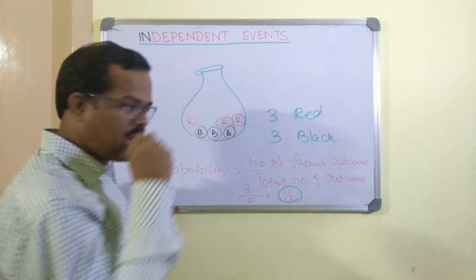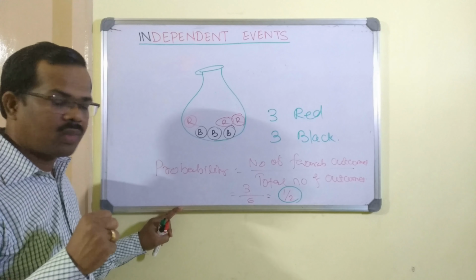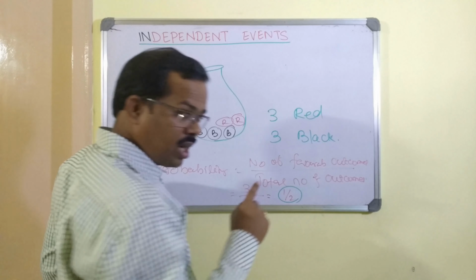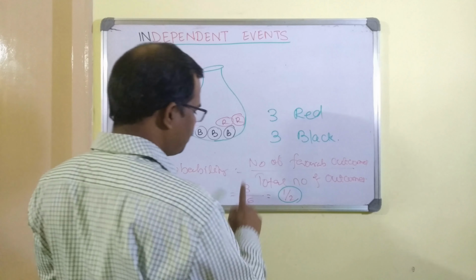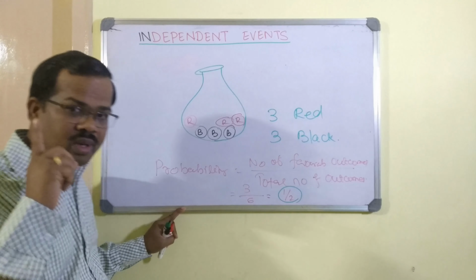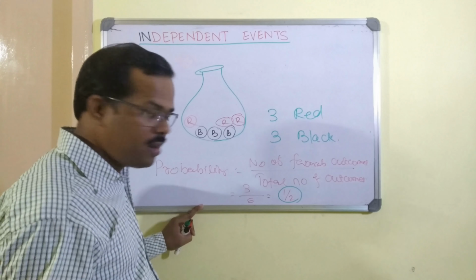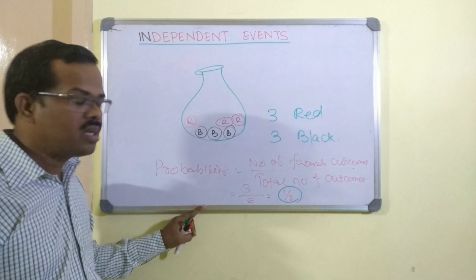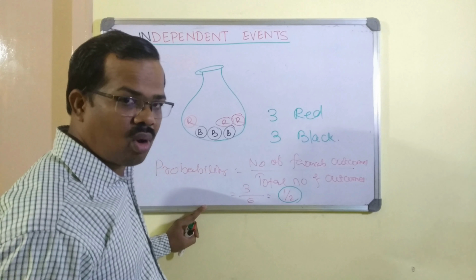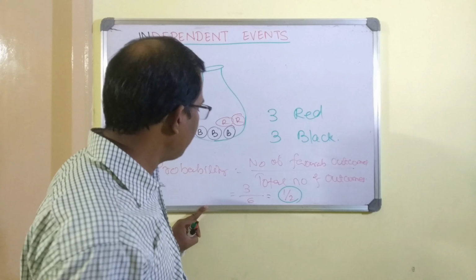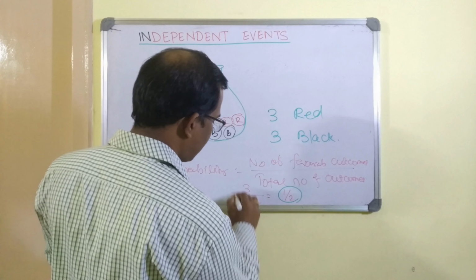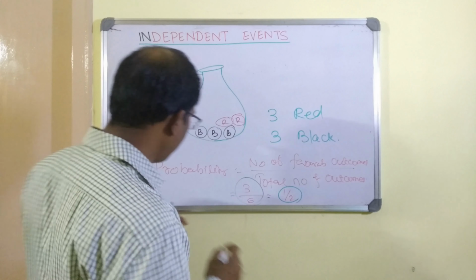So if I am going to pick the ball for the second time, still my number of favorable outcomes becomes 3, because now I have 3 red balls again, and the total number of outcomes will become 6 because I have all the balls intact inside the bag. So therefore my probability will still become 3 by 6, and that is equal to 1 by 2.